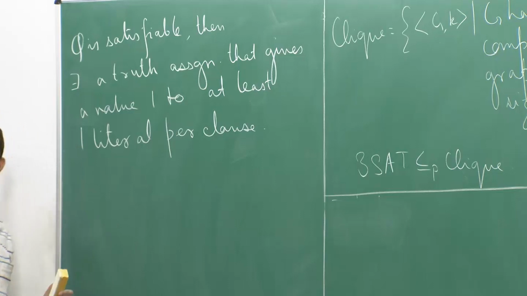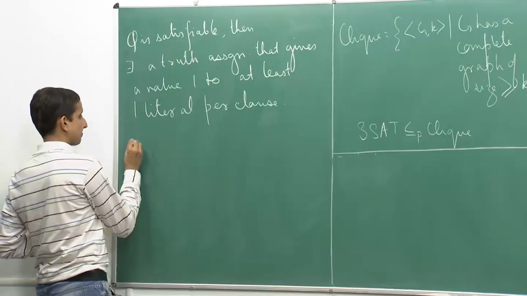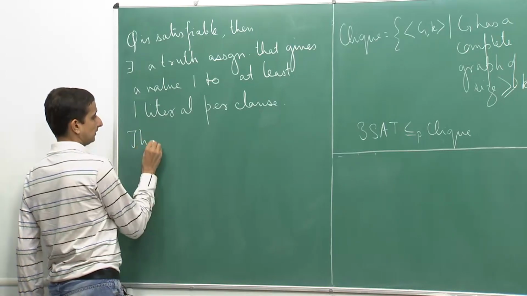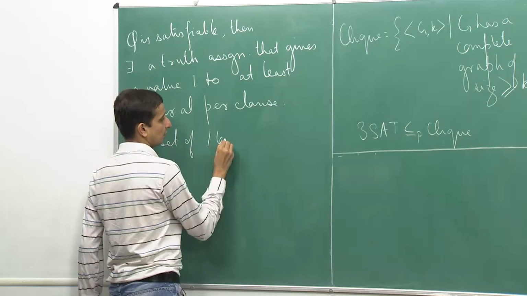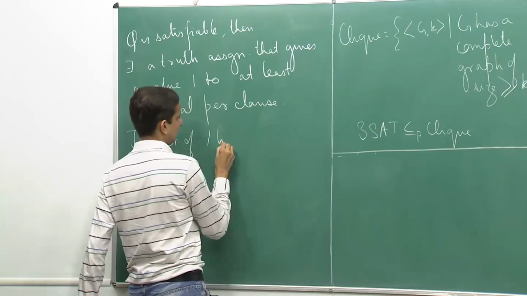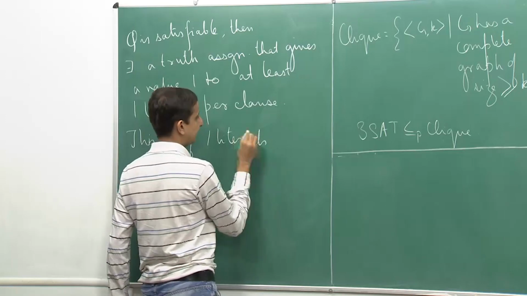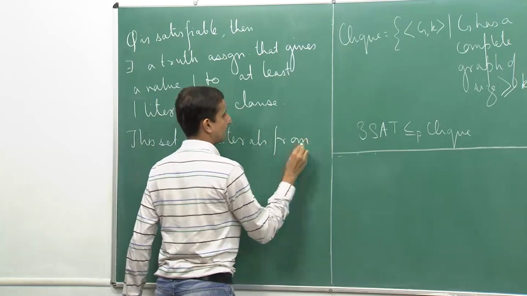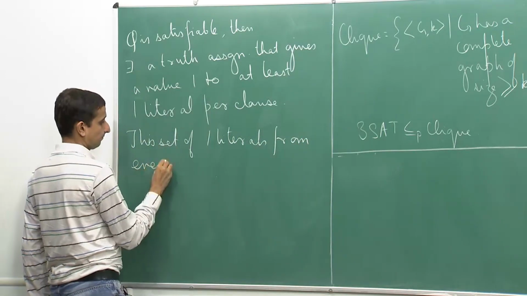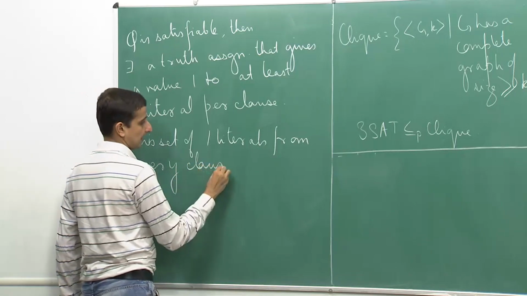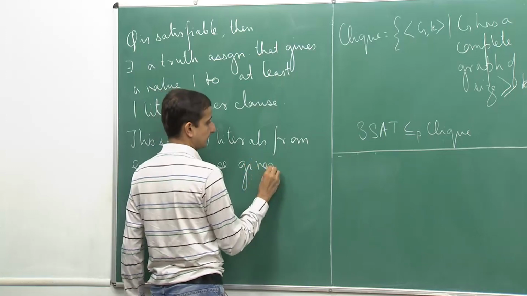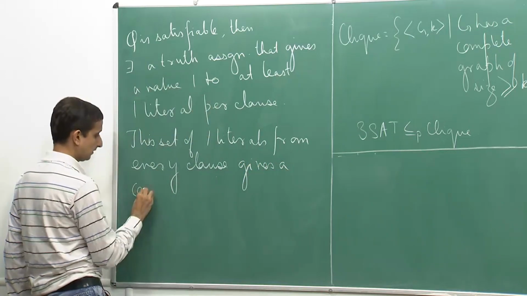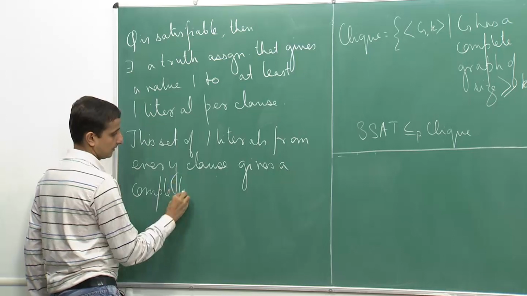So, the claim is that if I pick this one literal from every clause, so this set of 1 literals from every clause gives a complete graph.